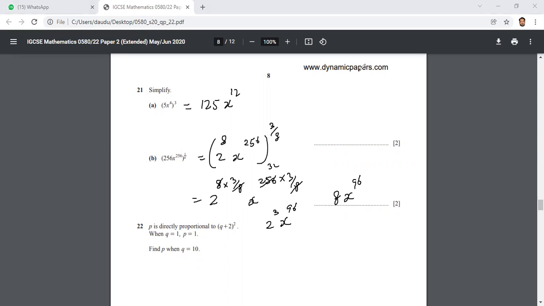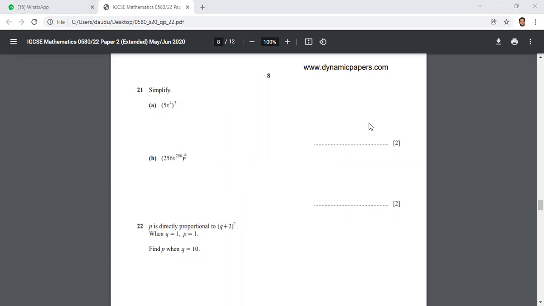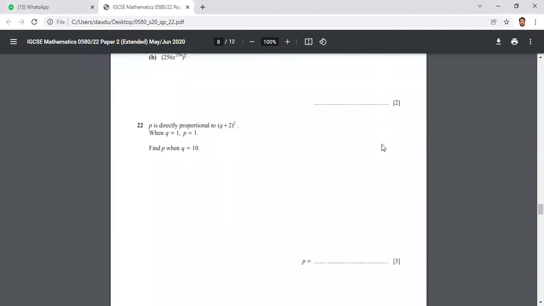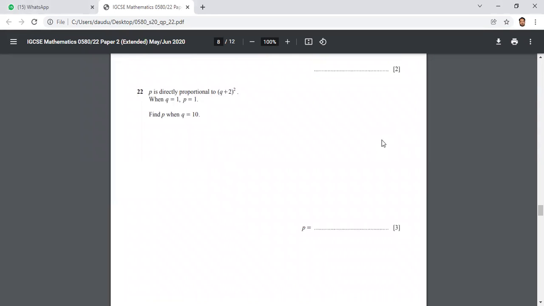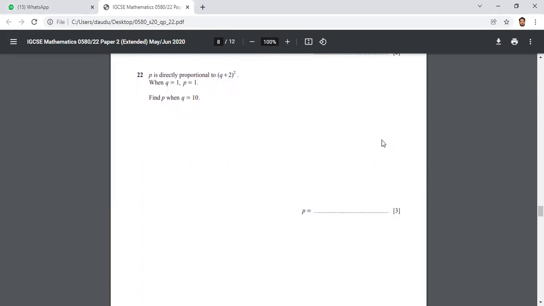Next we have the directly proportional concept. Here p is directly proportional to (q plus 2) whole squared. That means we can write p is equal to k, the constant of proportionality, times (q plus 2) whole squared.